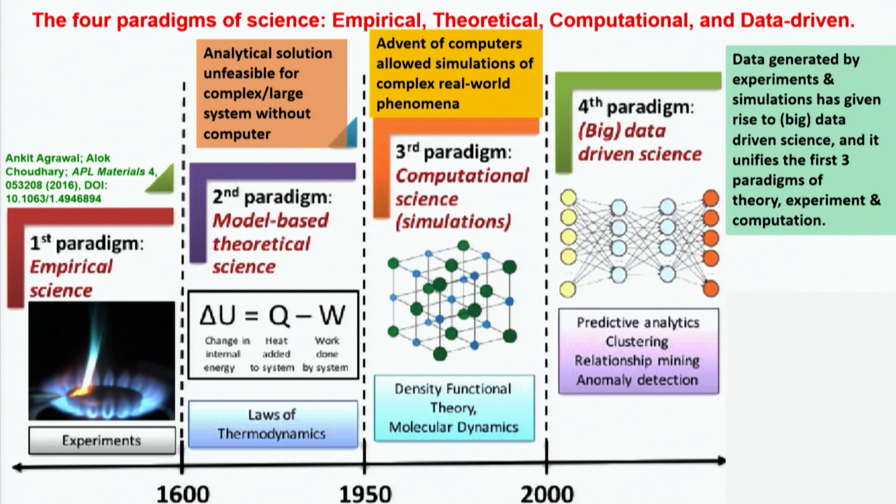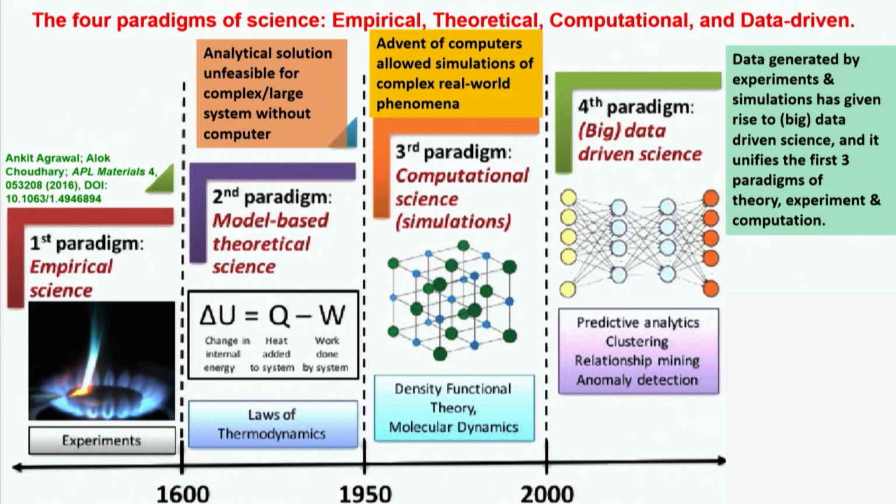So essentially, the first paradigm, that means the earlier time, was empirical science or experiment-based observation, and also the manipulation of the observations, getting some empirical relations. Then comes the model-based theoretical system, like, let's say, the laws of thermodynamics.